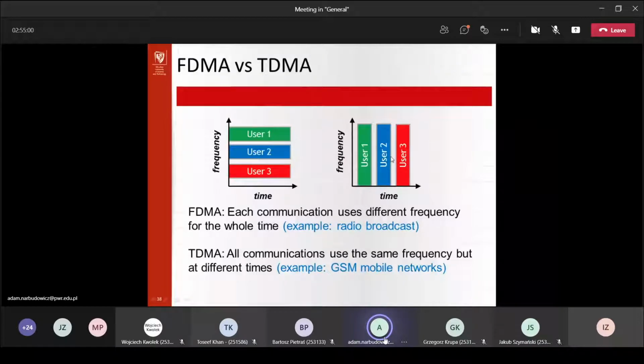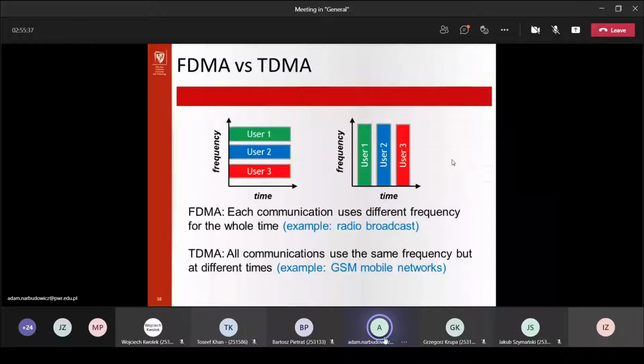Then in terms of TDMA, there are of course similar issues within the time domain. You would have a short period to keep all your signals separated in time. However, another typical issue that comes with TDMA, or time division multiple access, is synchronization.